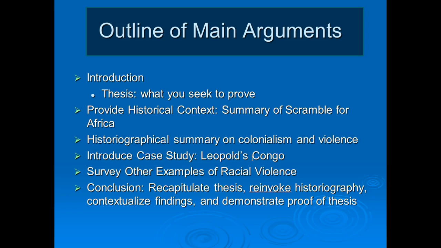Subsequently, if your thesis is really focused on the idea of racial violence, you might provide something of a typology of this. There are various episodes of violence. What seems to be their nature? What seems to be their origin? How do the people perpetrating this violence seem to think about it? In this way, you're providing the broader scope of violence during the scramble for Africa.